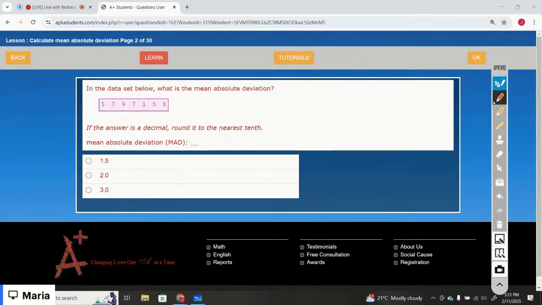Okay, I will do it once again. Just listen to me carefully. The first thing is you need to calculate the mean. Let's just calculate the mean. That is 5 plus 7 plus 9 plus 7 plus 1 plus 5 plus 8. Sum of all the values is 42.